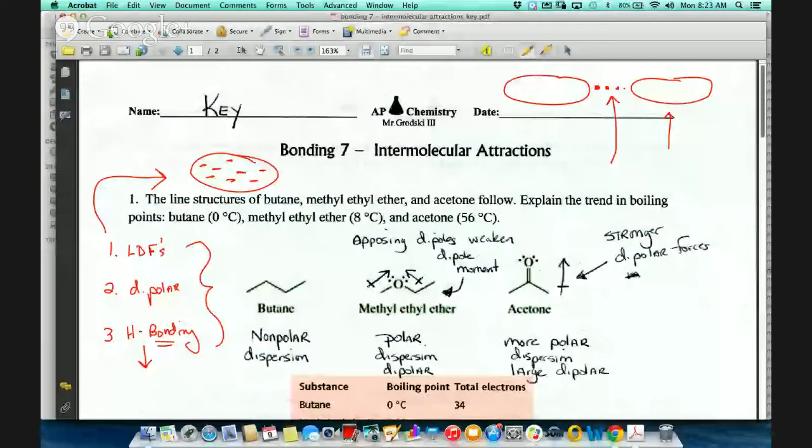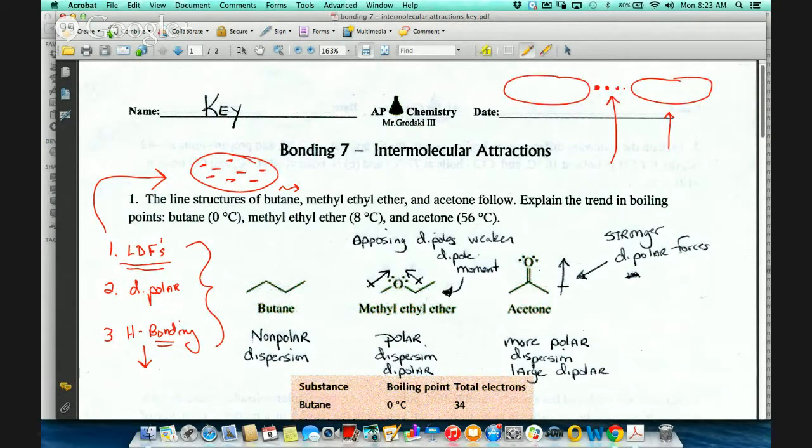It can't move a lot because of the strong effective nuclear charges of nonmetals, but they can shift a little bit, and they make momentary dipoles. I went over that explicitly in the lecture, so I'm not going to revisit that. But every molecule has London dispersion forces.